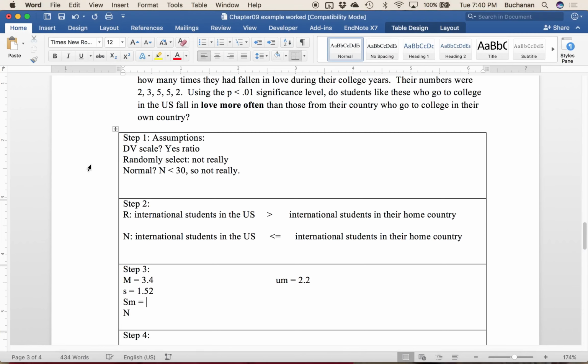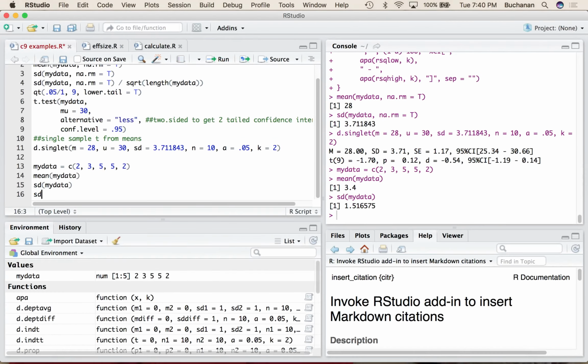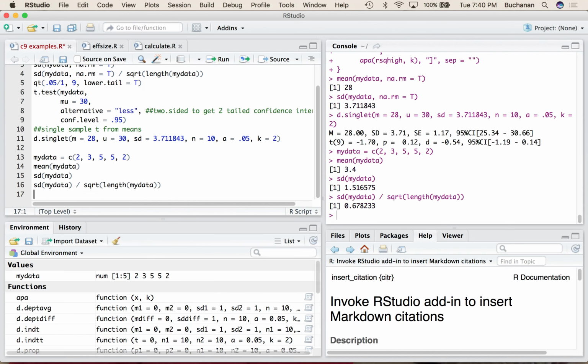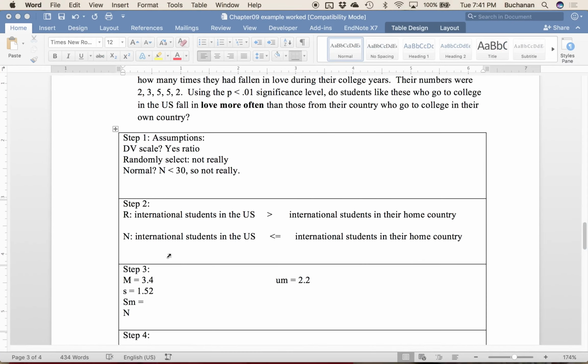The standard error is that standard deviation of my data divided by the square root, SQRT, open parentheses, of the length, which you have to spell correctly, of my data. It's 0.68.